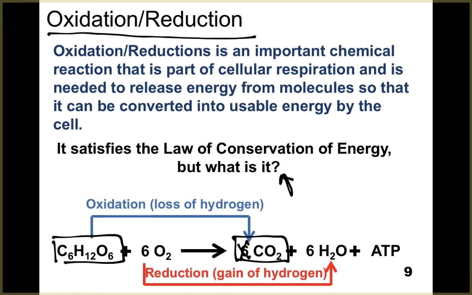So hopefully you noticed here you have a hydrogen and over here there's none, right? So oxidation reactions are where you get a loss of hydrogen, but specifically you lose electrons. And the electrons go with the hydrogen.